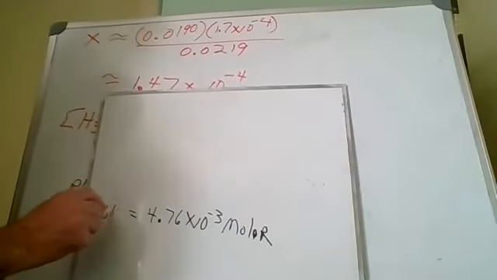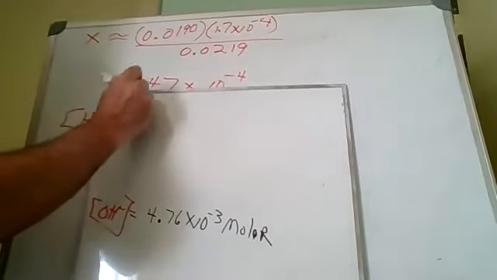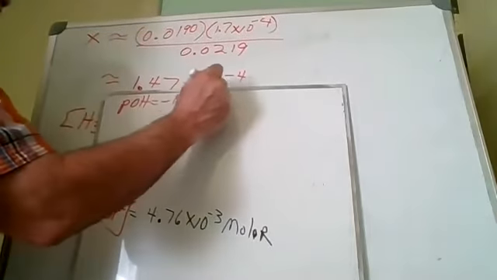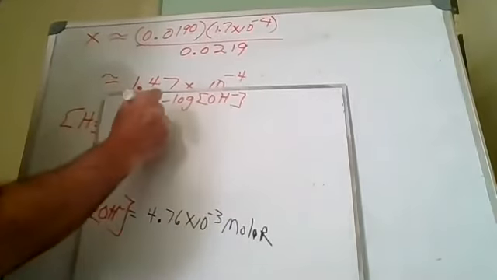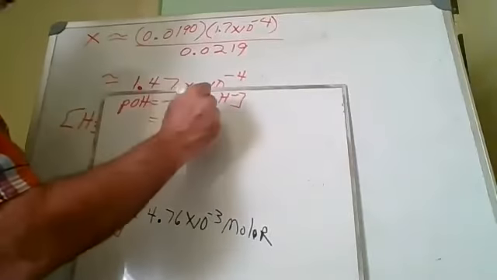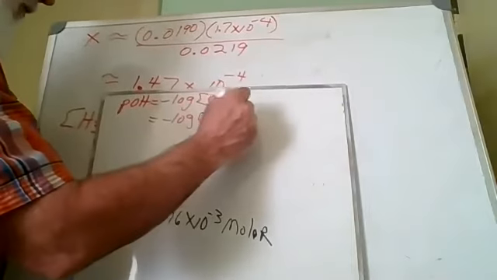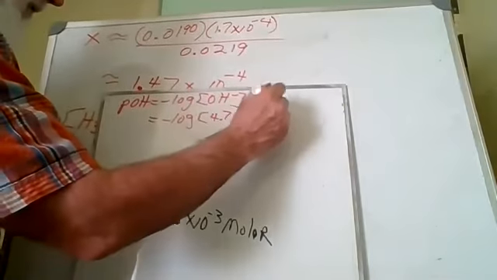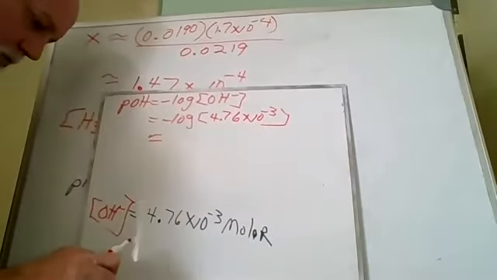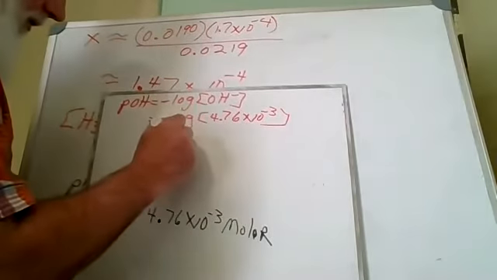So pOH equals negative log of OH-, which is equal to negative log of 4.76 times 10 to the negative third, which is 2.32.